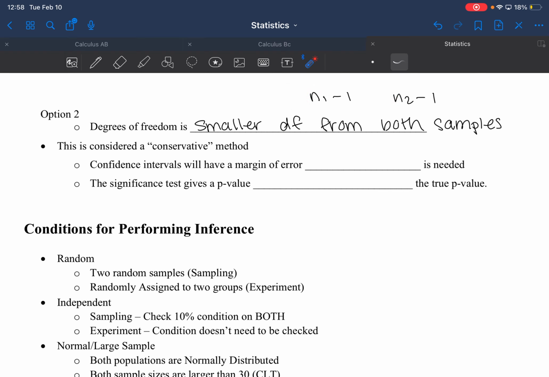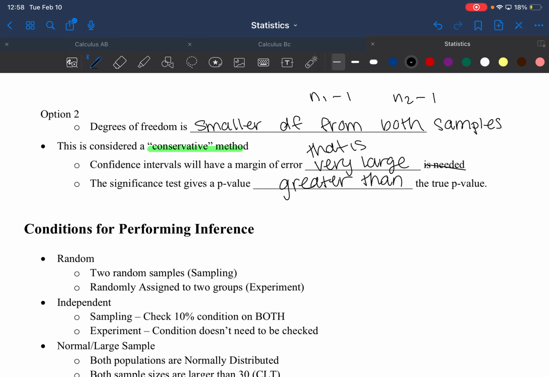The only problem with this, and this is why it's called the conservative method, is that when we choose the smaller of the two sample sizes to find degrees of freedom, we end up with a confidence interval that is very large. So it makes sense: confidence intervals will have a margin of error that is very large. And then the significance test is going to give us a p-value that is greater than the true p-value.